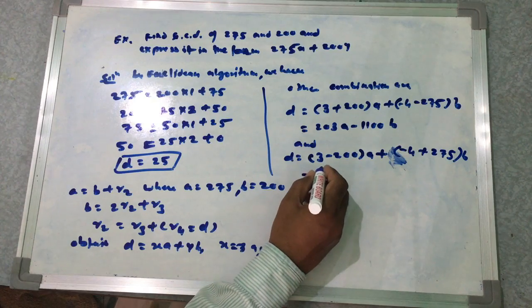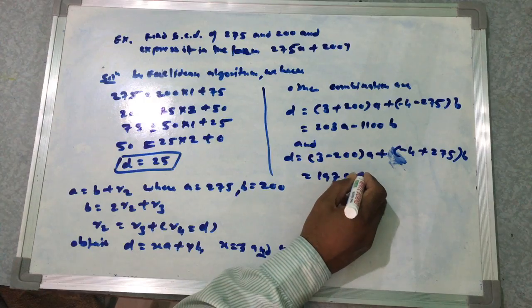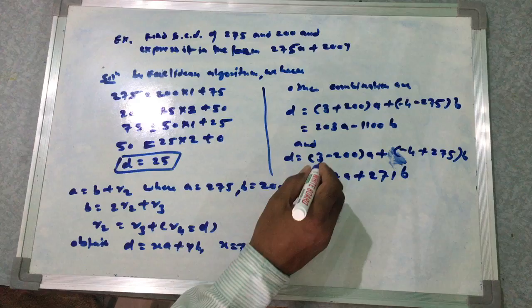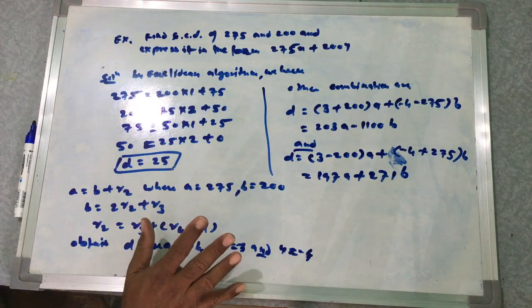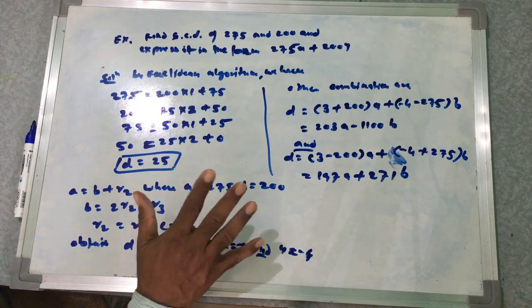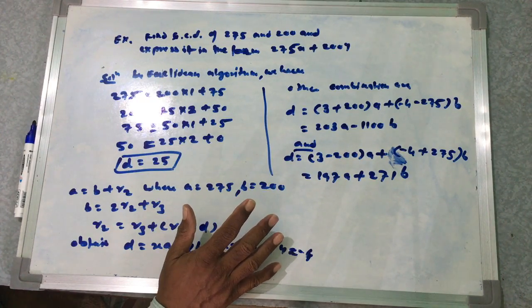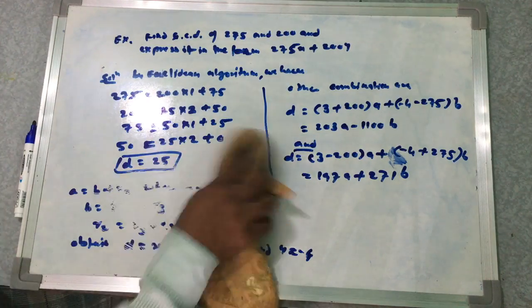That will be equal to 197a plus 271b. So this is the result. In this manner, we have to go and solve this. We have to find the value of d. So this is the Euclidean algorithm. How we have to solve for a particular problem, we have to look into this.